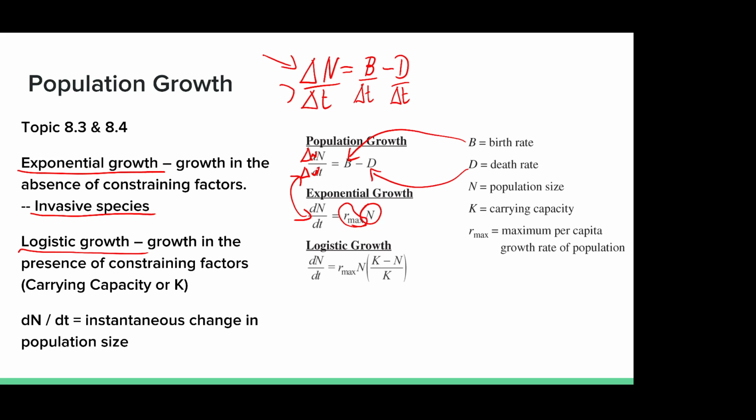So what this tells us is that the growth rate will increase as the population size increases. That's kind of interesting. Simply put, a larger population experiencing exponential growth will be growing faster than when it's a small population. And that kind of makes sense, right?